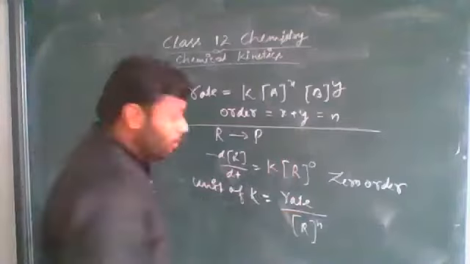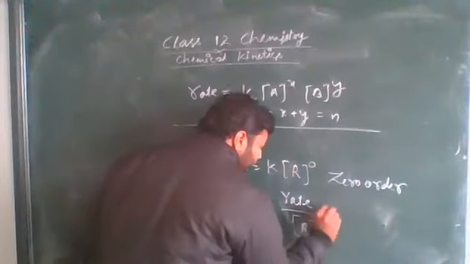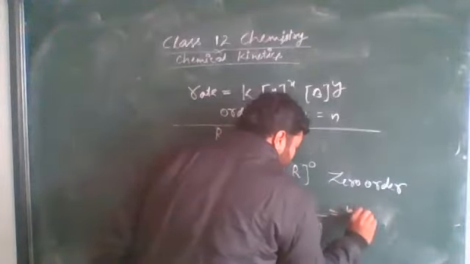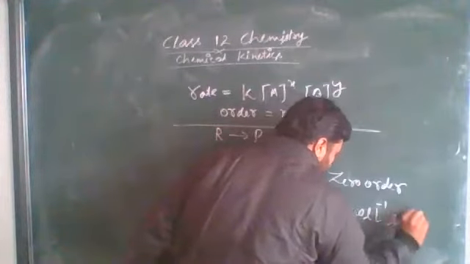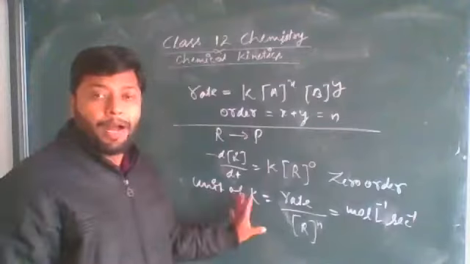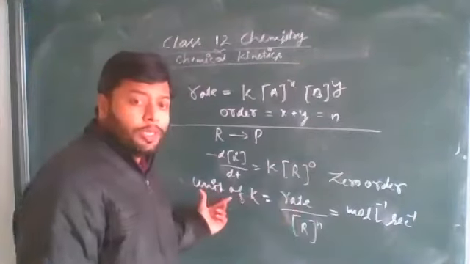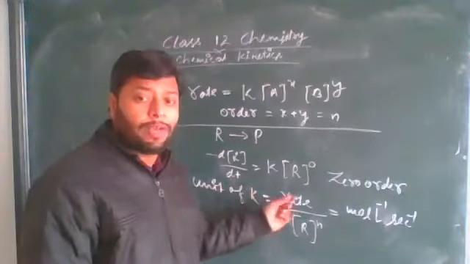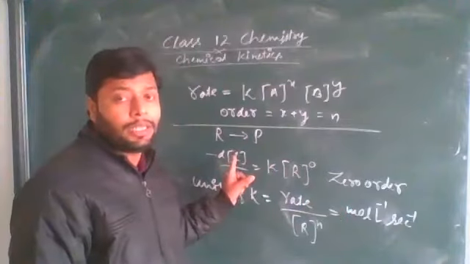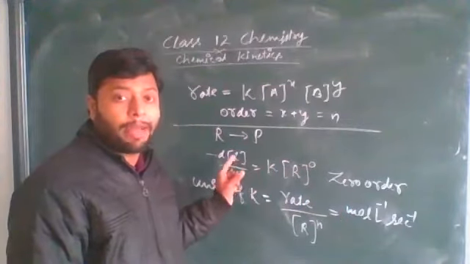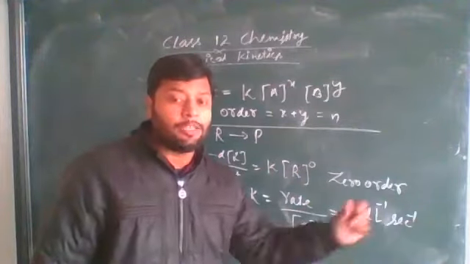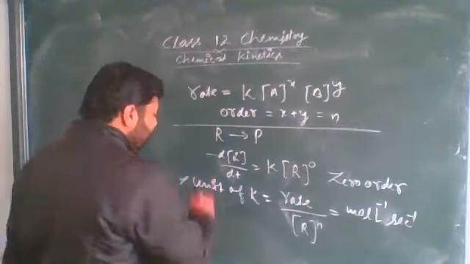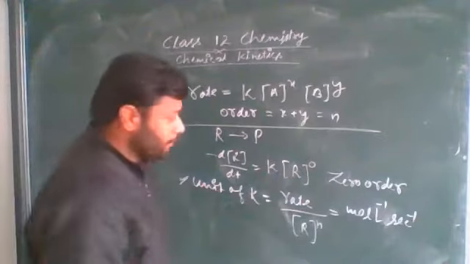Here in the condition of zero order, for the zero order reaction, the unit of k, the rate constant, will be the same as the unit of the rate of the reaction, that is minus dR by dt, which will give you mole per liter second inverse. This is the unit of k.